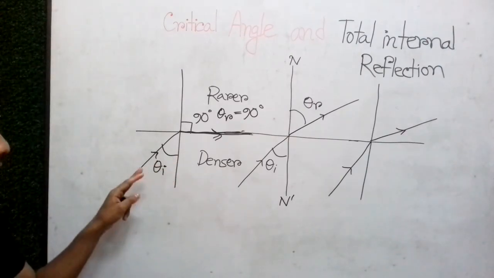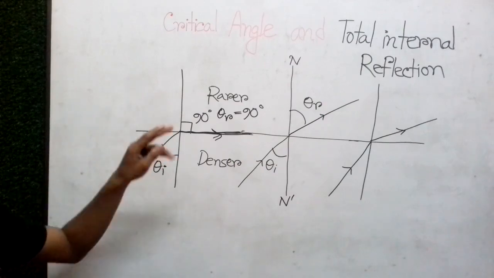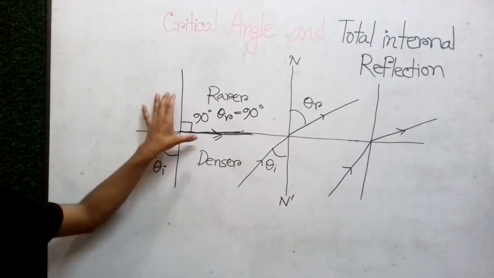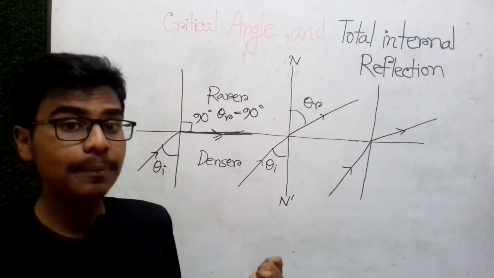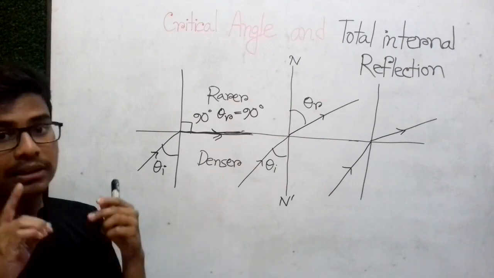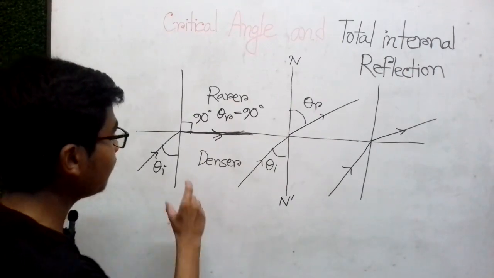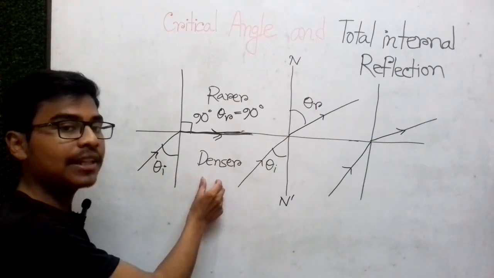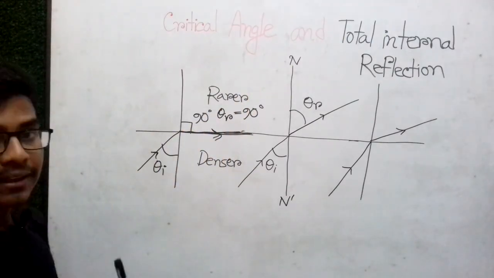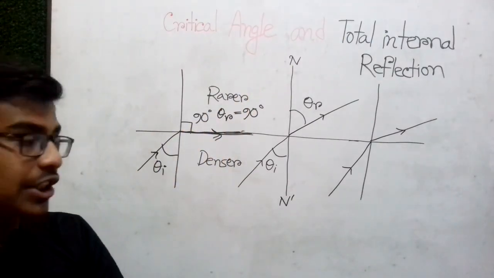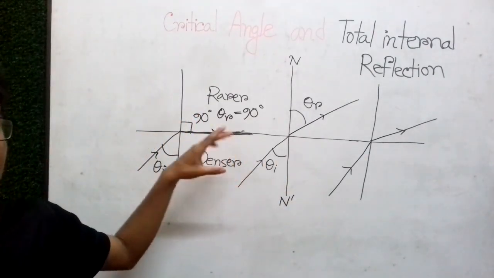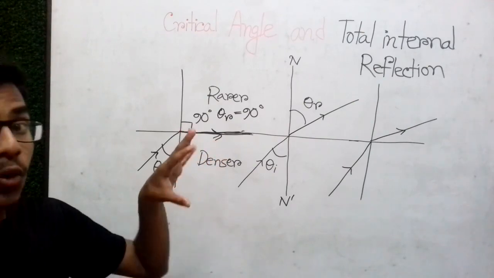Here is the condition for the critical angle: the light ray must move from denser medium to rarer medium, and the angle of incidence for which the refracted angle is 90 degrees is the critical angle. I hope you understand.